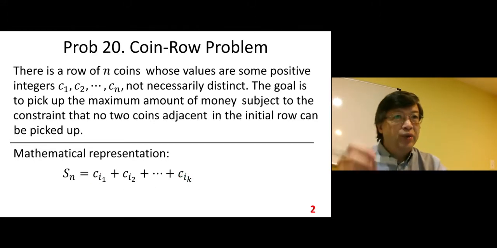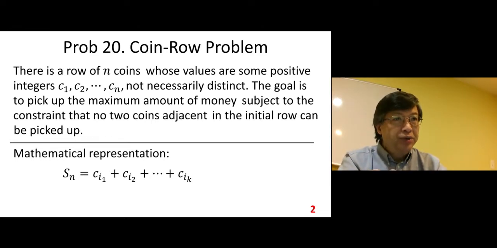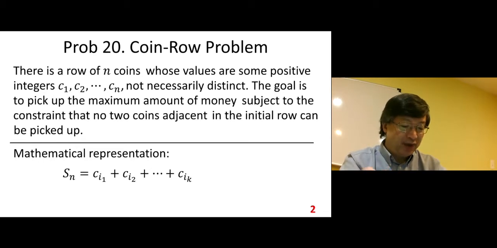Then how do we describe the constraint that no two adjacent coins are selected?